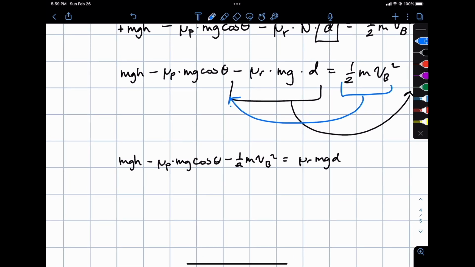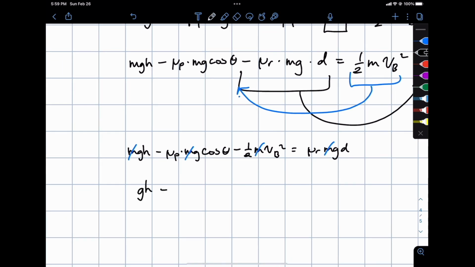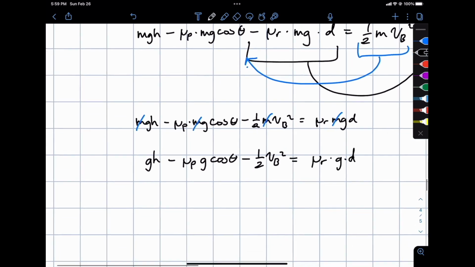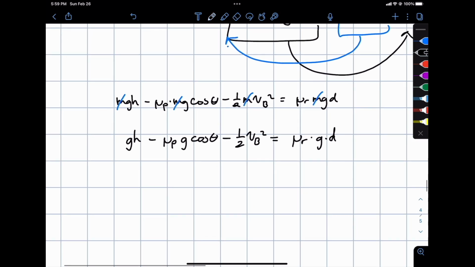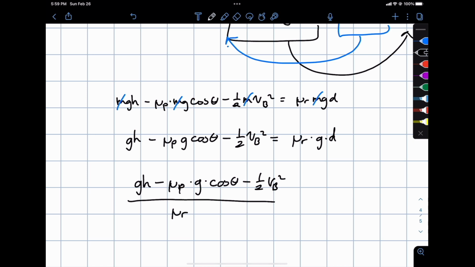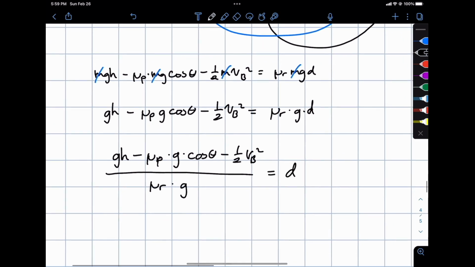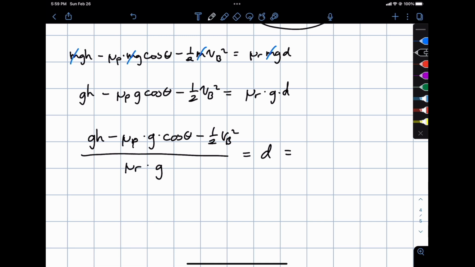Notice that m cancels out. So let me rewrite: gh minus mu p g cosine theta minus 1/2 vb squared equals mu r g d. Divide both sides by mu r and g. So d equals gh minus mu p times g times cosine theta minus 1/2 vb squared over mu r times g. And we can just plug in the numbers.